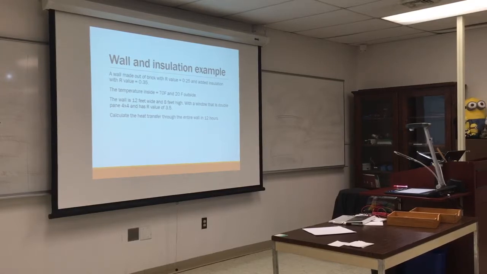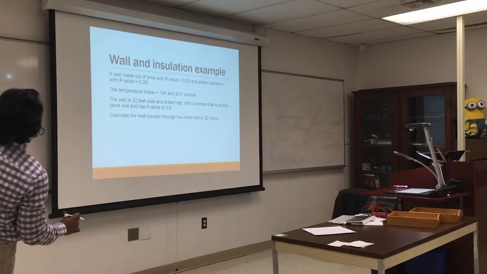So what is the area of the wall? Area times U wall times delta T. So area of the wall equals what? 8 by 10 is 80, minus the window.